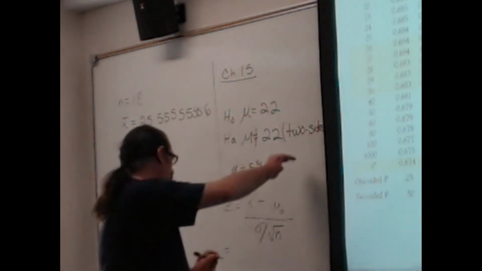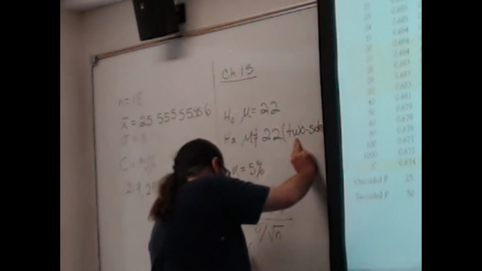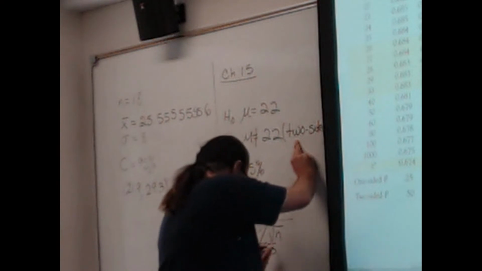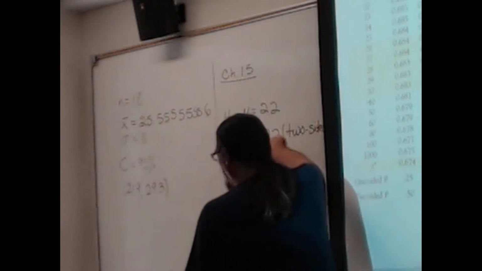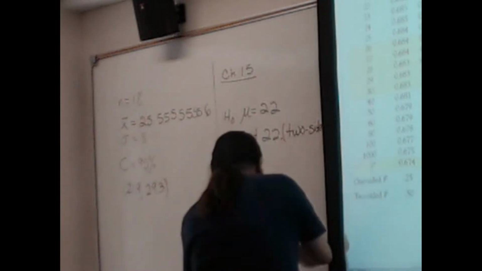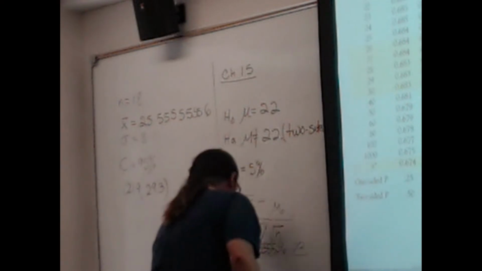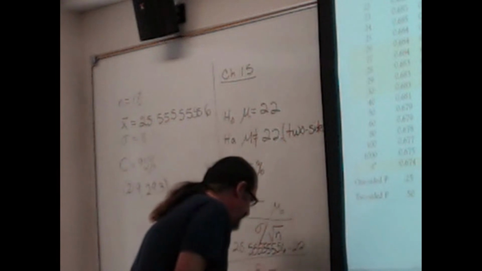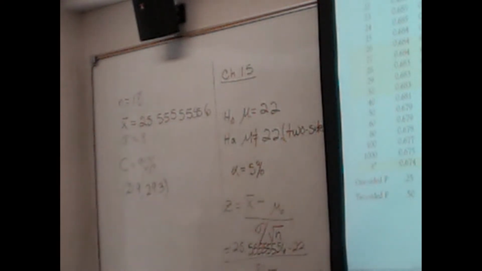So we're putting in the 25.5 minus the 22 that we're claiming now, over 8 divided by square root of 18. And I know if I subtract 22 from that in the numerator, that's going to be 3 point something.